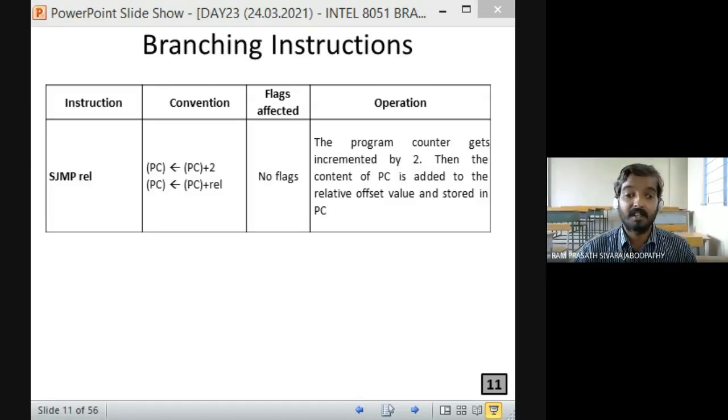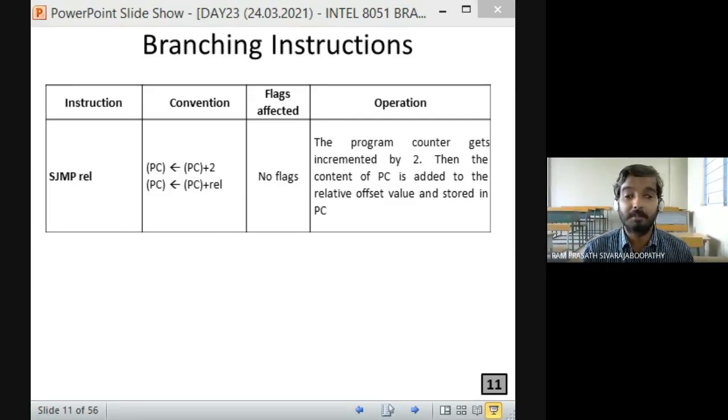But in general, when using software, what do we prefer? In our lab programs, when we used the branch instruction SJMP, did we give the offset value, or what did we do? What did we put next to SJMP in the lab programs? Yes, very good Shivakumar.